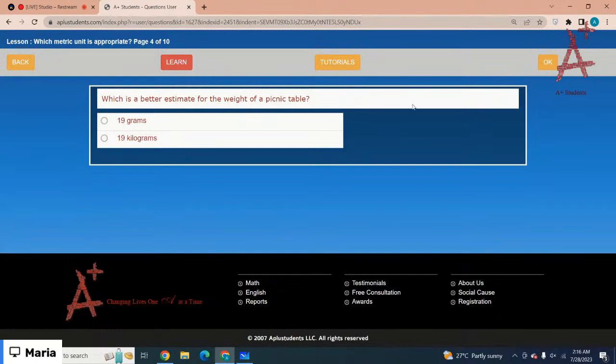The correct option is 19 kilograms, because 19 grams is too little for the weight of a table. So it would be 19 kilograms, right?